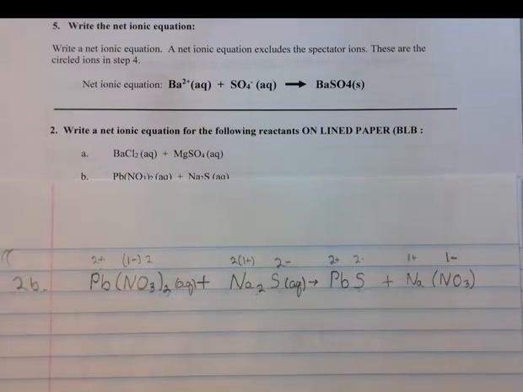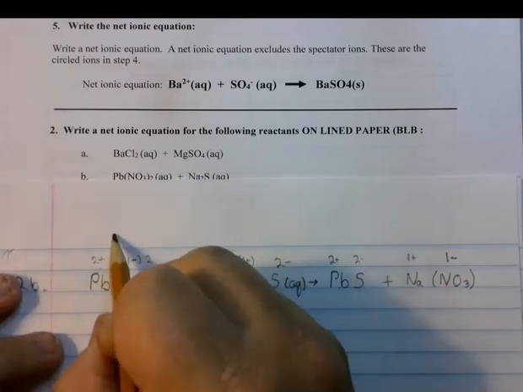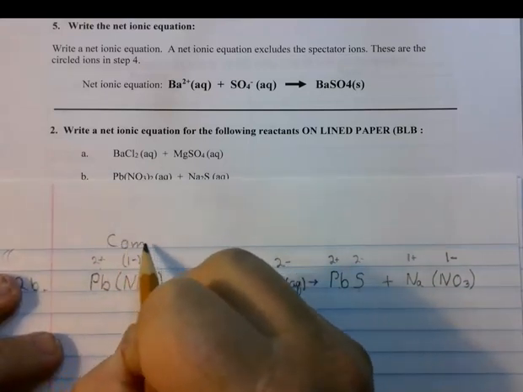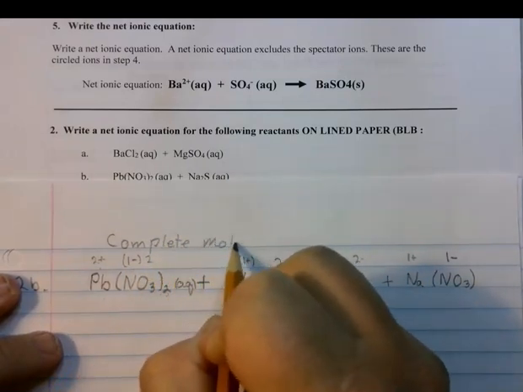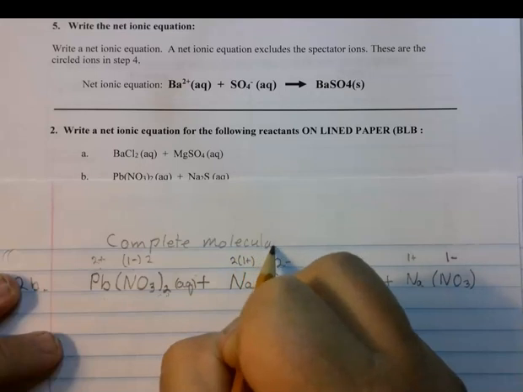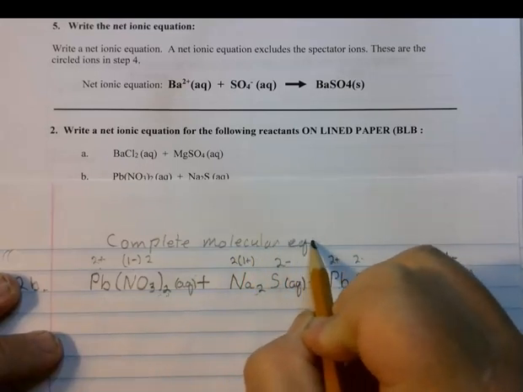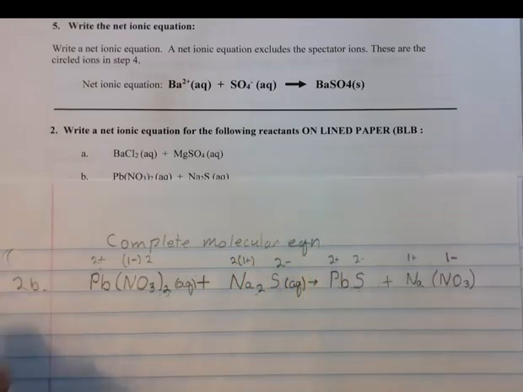So that is your double replacement reaction right there, and that is your complete molecular equation. Okay, so there we go. Now we're ready to move on. We've determined that the charges are set up properly.